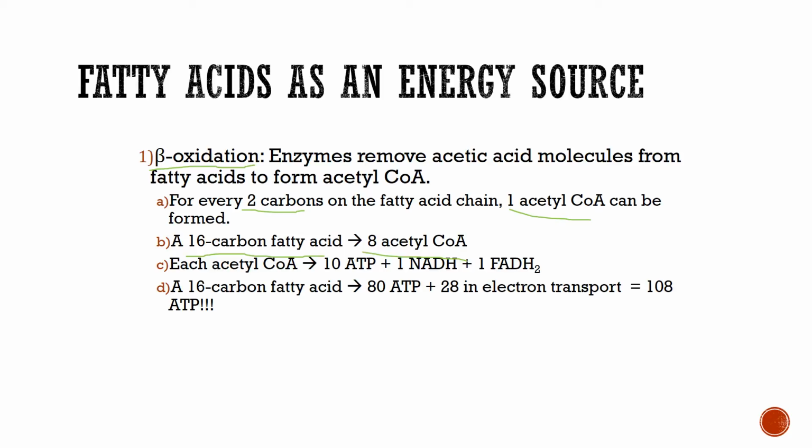Each acetyl-CoA will then go through the citric acid cycle, and the big payoff is that we generate 108 ATP. You can see that this is way more effective in ATP production than using just glucose. So it is important that we do have some fat so that we can have energy on demand for our body needs.